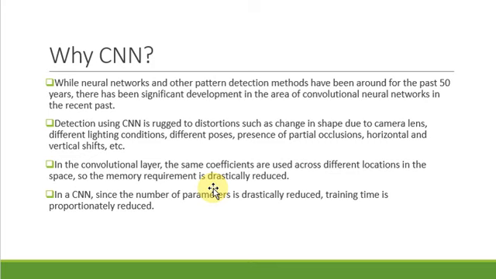That's why the memory requirement is much smaller as compared to the traditional neural network. And when the memory requirement is reduced, training time will be reduced. Also, CNN is robust to distortion such as change in shape, camera lens, lighting conditions, different poses, presence of partial occlusion, horizontal and vertical shifts, etc. Okay, that's all.